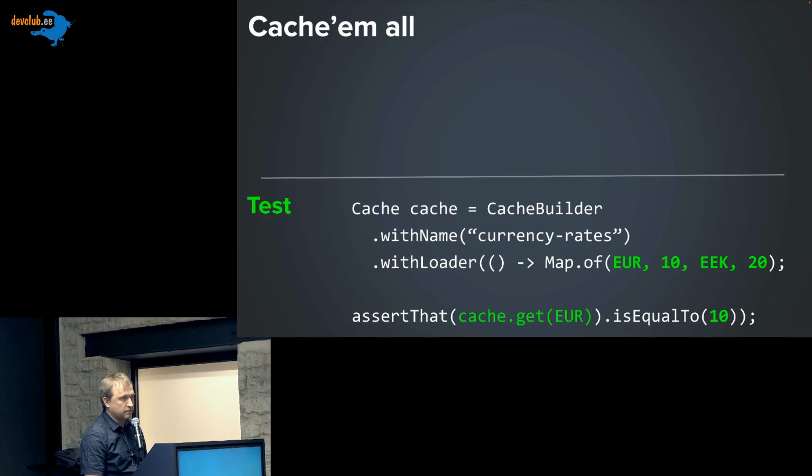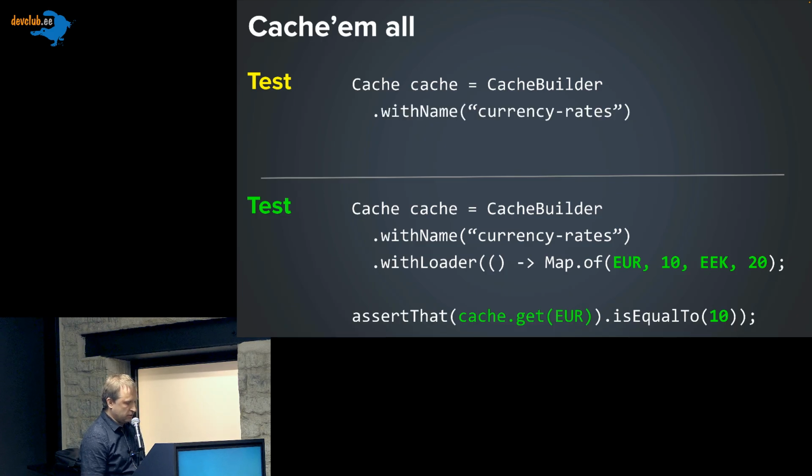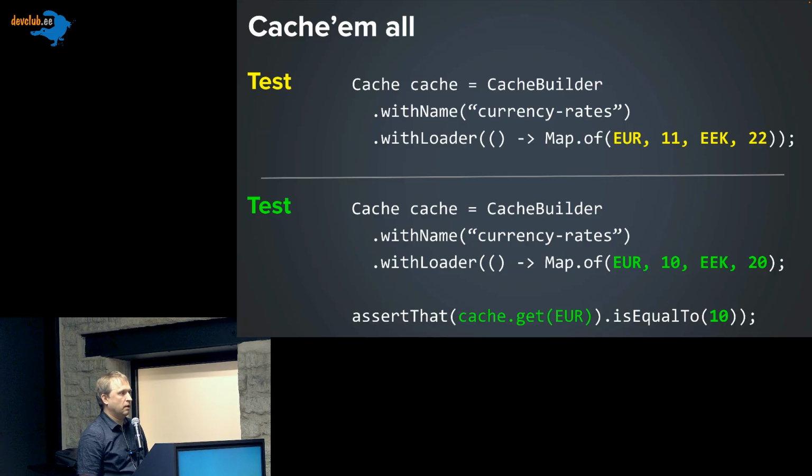After a while I tried to find out, and it turned out that there was another test that also created a cache, also called currency rates, but with a different loader, with different currency rates. And the whole problem is that actually it's okay code. Every test creates its own cache, everything is fine.